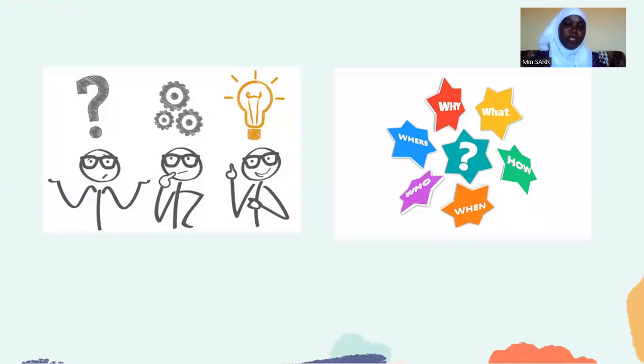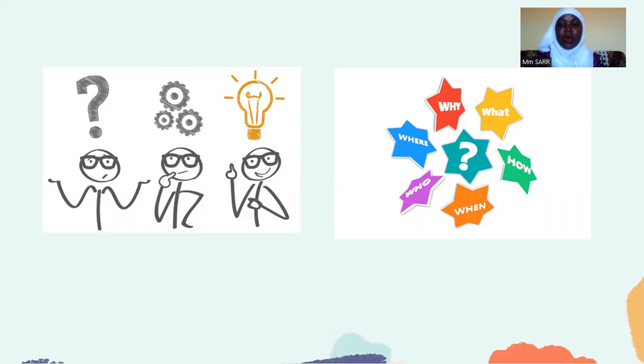And why these images? We have people: the first one is asking, he doesn't know. And the second one is analyzing, trying to see what it is about. And the third one has something which is a little bit clear because we can see the lights. And why the second picture?